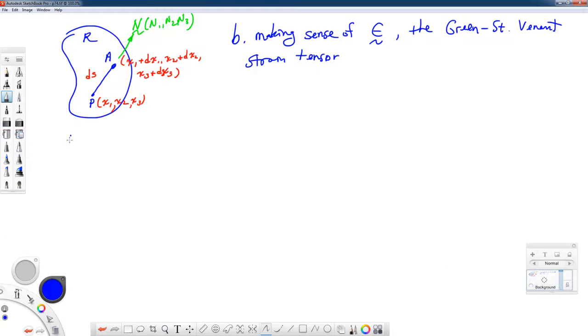Let's look at that just a little bit more. You can write it as a column vector like this, and it's set up in such a way that its magnitude is equal to 1.